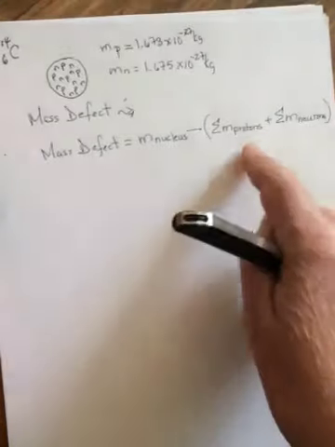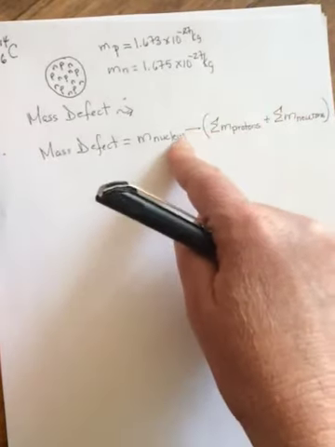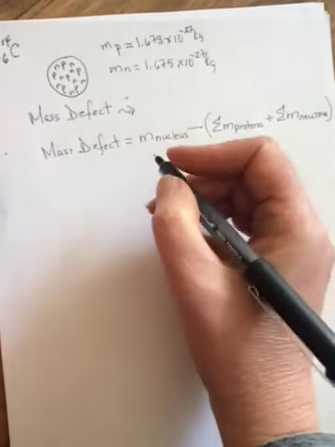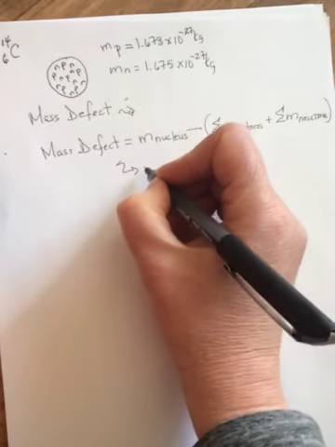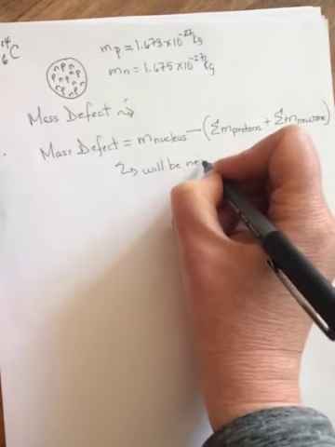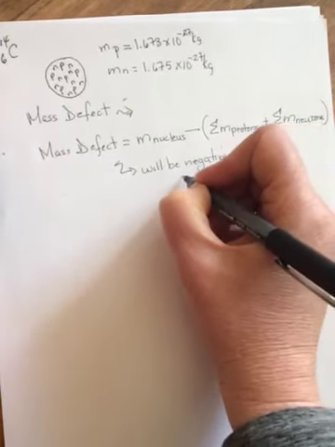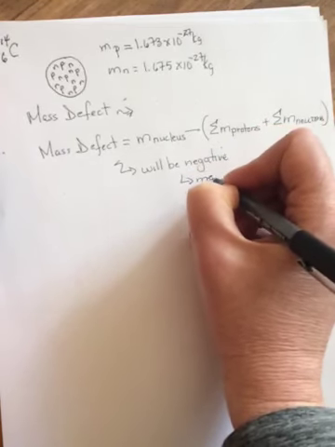Okay, so add up all the masses of the protons, all the masses of the neutrons, take that away from the mass of the nucleus, and what you get will be negative. The mass of the nucleus will be less, and the negative simply means mass is lost.